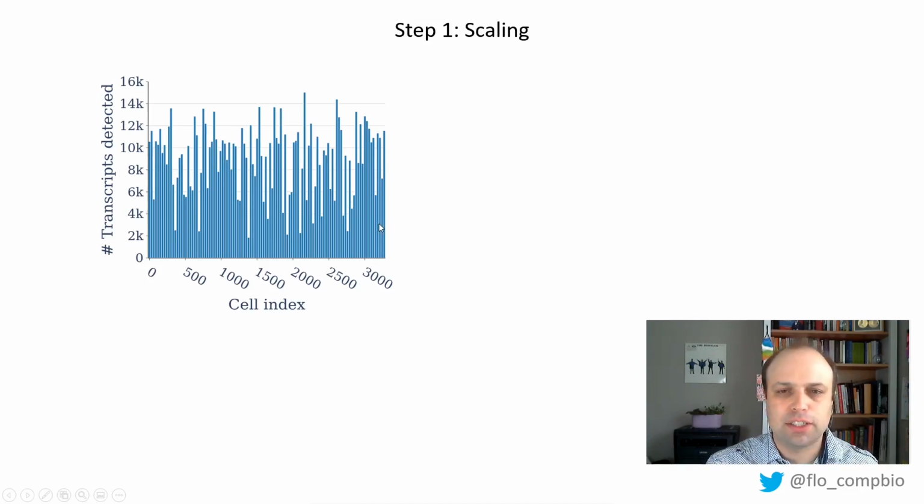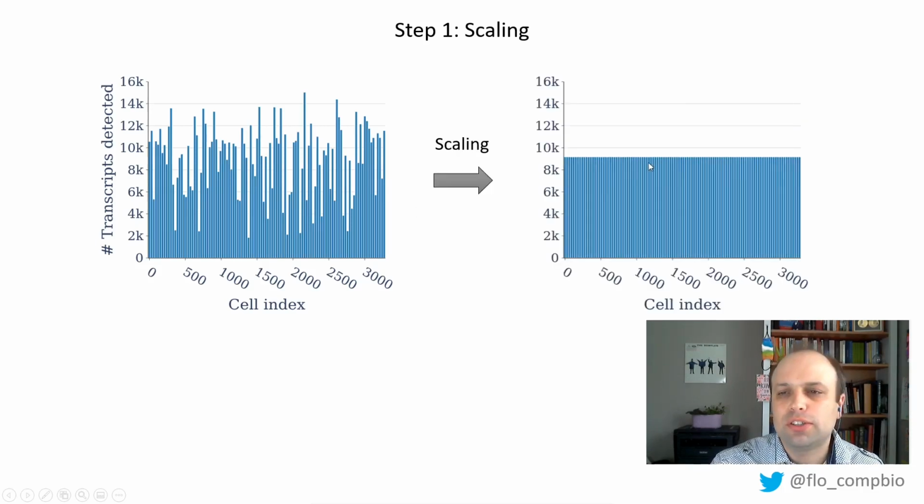In the scaling step, the idea is to multiply the UMI counts for each cell by a cell-specific factor, so that after you do that, all of the cells now have the same transcript count. You multiply the small values, from cells that have few transcripts, by some value larger than 1, and you multiply these large values by some value smaller than 1, so that they all even out.